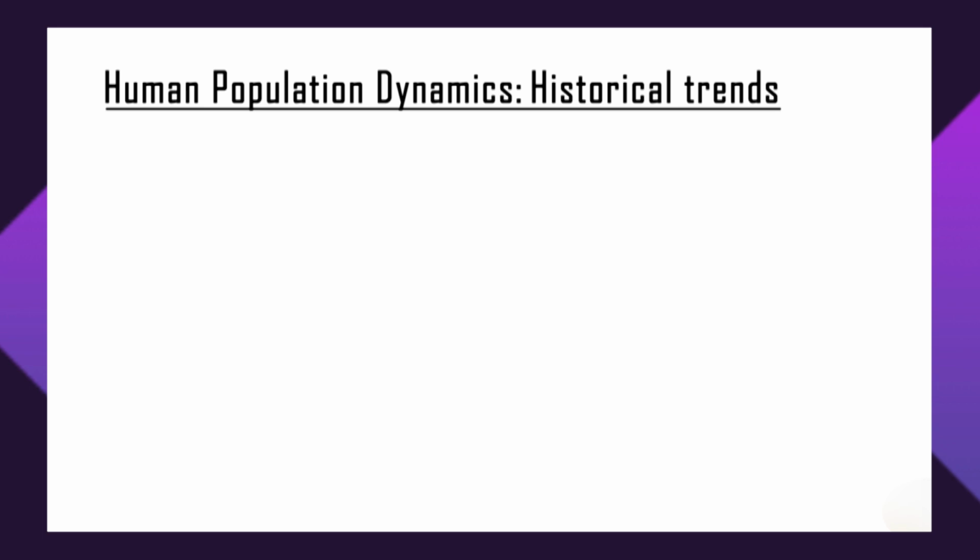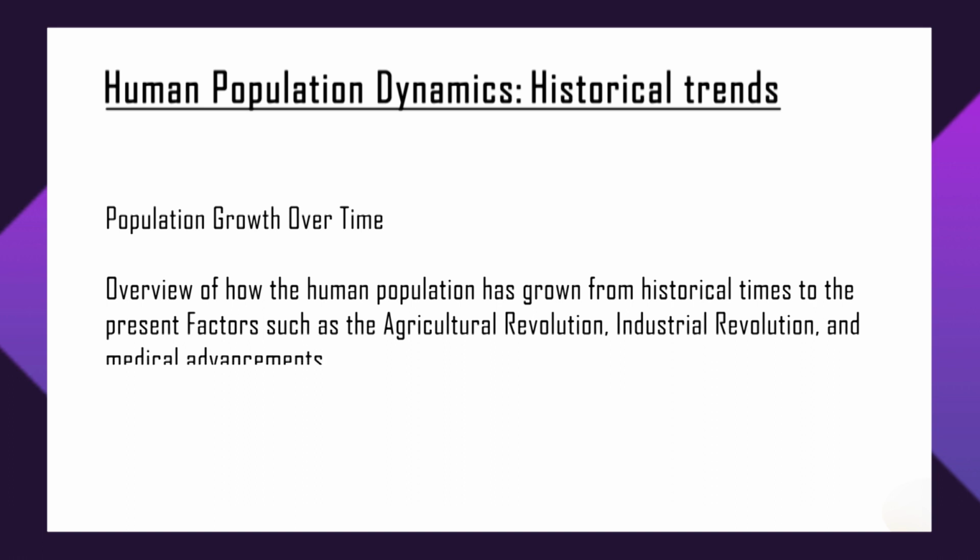In the next segment we will talk about human population dynamics, and first we will talk about historical trends, the population growth over time. This is an overview of how the human population has grown from historical times to the present. It is important to study how the dynamics have evolved over time.